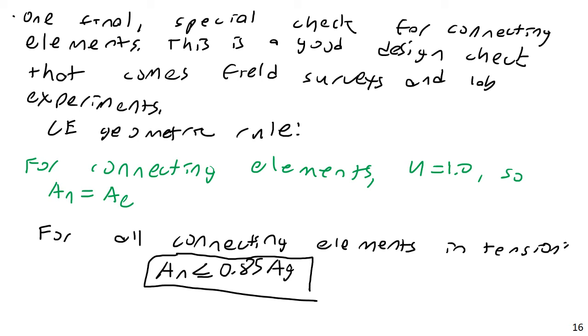Yes, we could use a very elaborate finite element computer analysis. But if we're doing simple hand calculations, let's instead use a simple rule of thumb: for connecting elements in tension, we purposely limit ourselves to never have a net area less than 85% of the gross area.